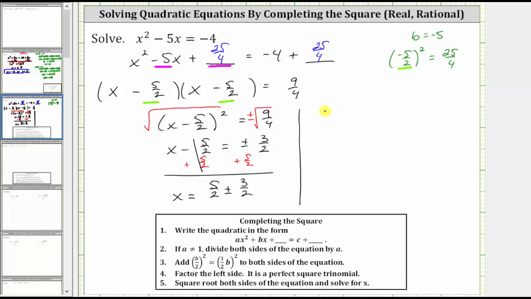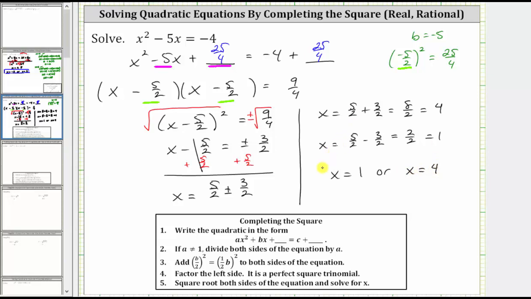One solution is x equals 5/2 plus 3/2, and the other solution is x equals 5/2 minus 3/2. Going back up to the sum, 5/2 plus 3/2 is 8/2, which simplifies to 4, and 5/2 minus 3/2 is 2/2, which simplifies to 1. So our two solutions are x equals 1 or x equals 4.